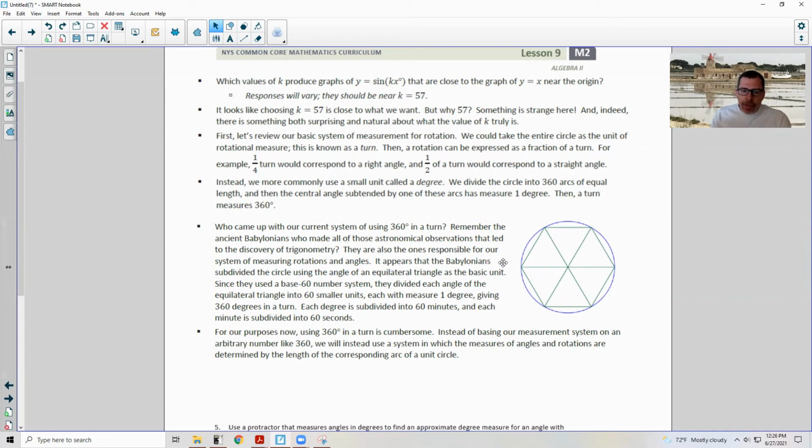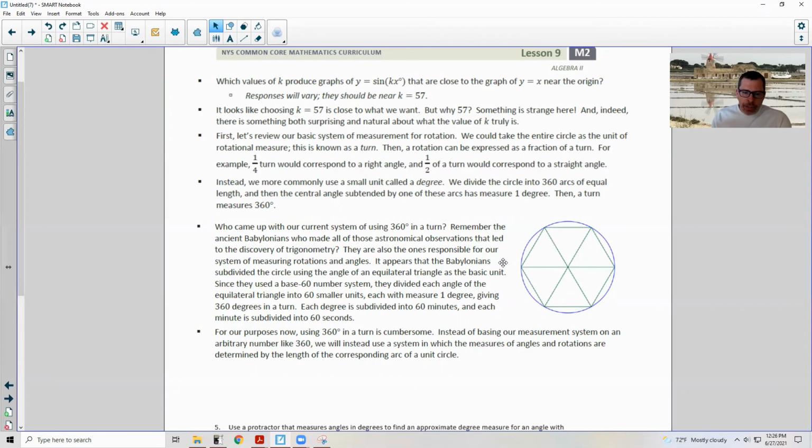Since they used a base 60 number system, they divided each angle of the equilateral triangle into 60 smaller units, each with a measure of 1 degree, giving 360 degrees in a turn. Each degree is subdivided into 60 minutes, and each minute is subdivided into 60 seconds.